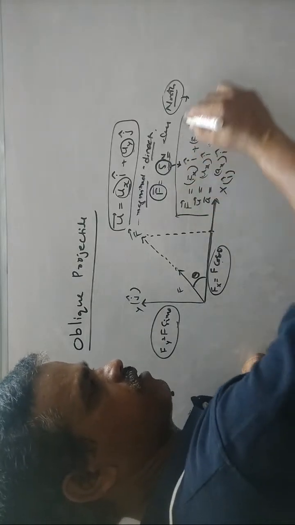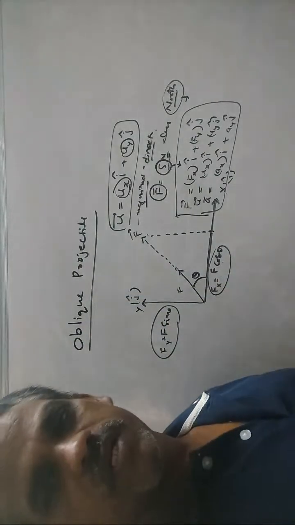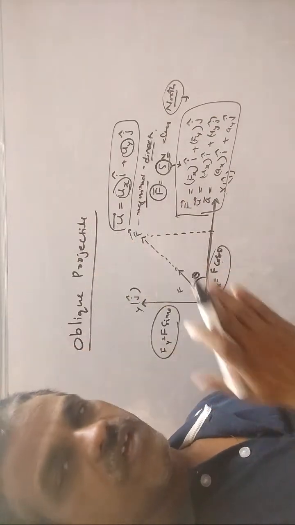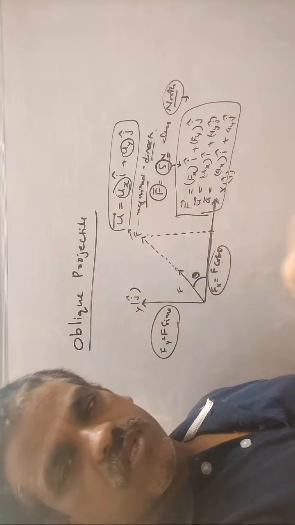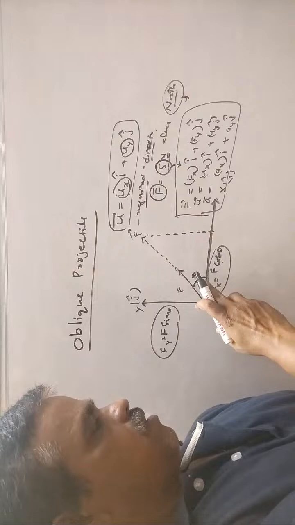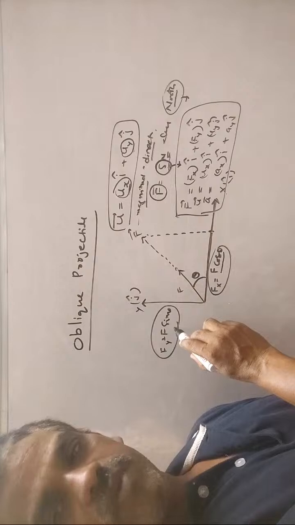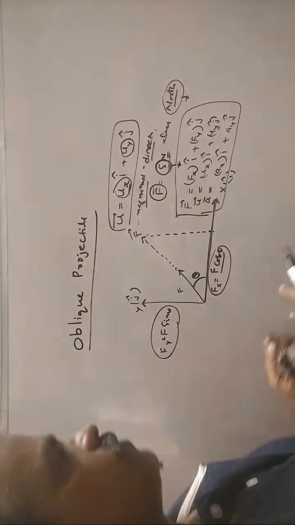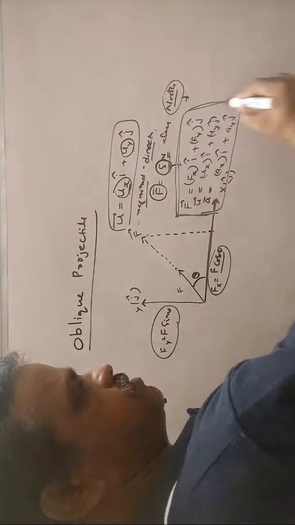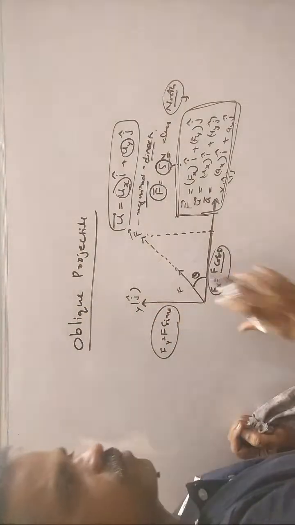So every vector we can split into two components, along the x-axis and along the y-axis. If the vector is making an angle with the horizontal, that component will take cos theta and the other component will take sin theta. You just copy this vector resolution, and copy the figure here also.